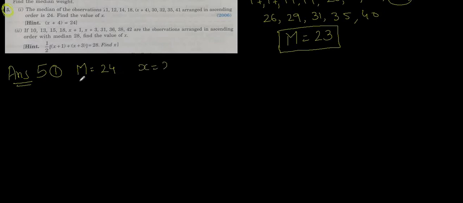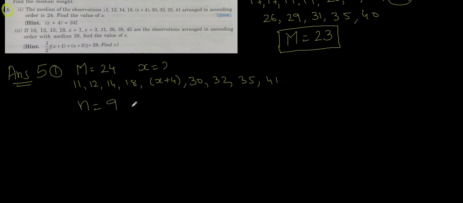So x equal to question mark. And what are the observations here? The observations here are 11, 12, 14, 18, x plus 4, then 30, then 32, then 35 and 41. So now if you see, n is equal to 1, 2, 3, 4, 5, 6, 7, 8, 9.